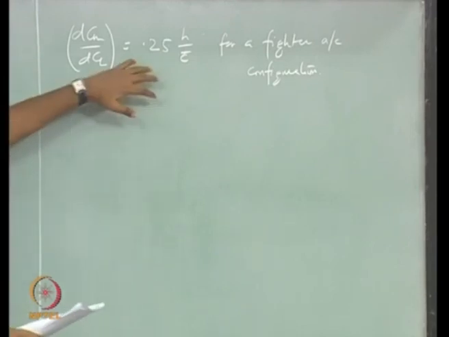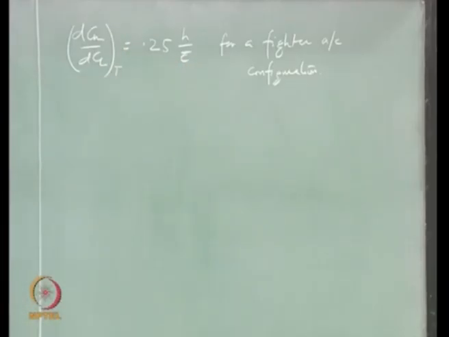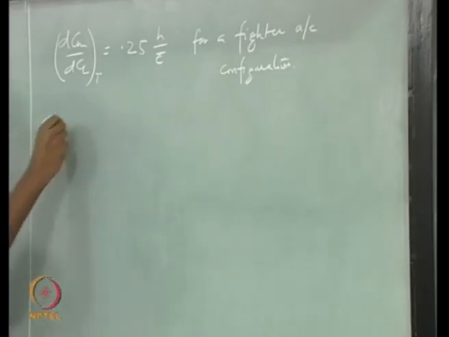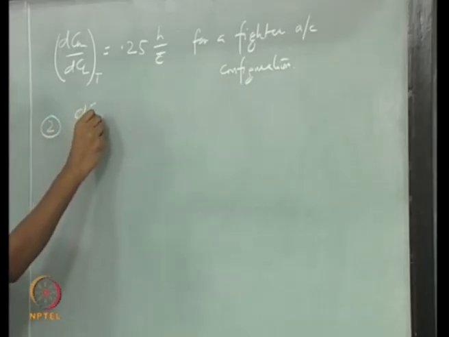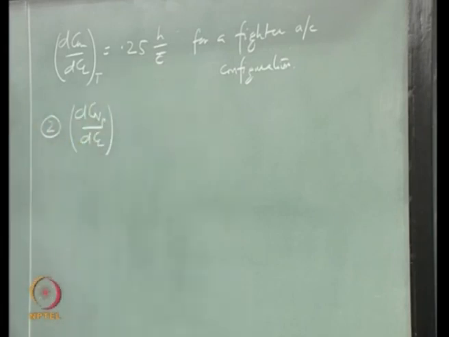So you clearly understand how this h over c bar is going to shift the stability curve, isn't it? Let's look at the second term now. Do you think this term is going to change with CL?